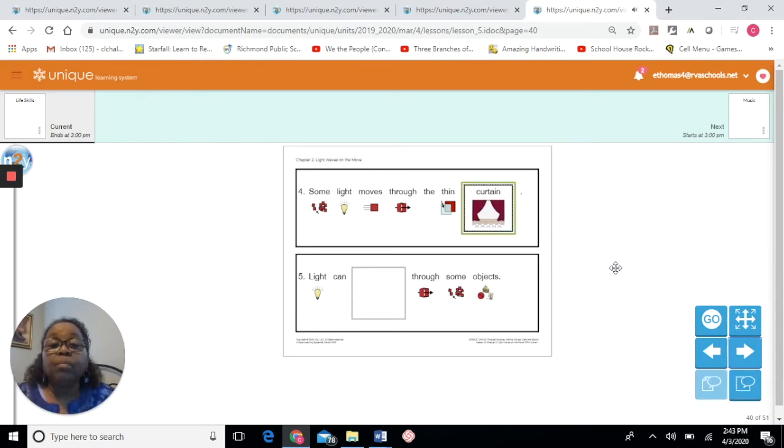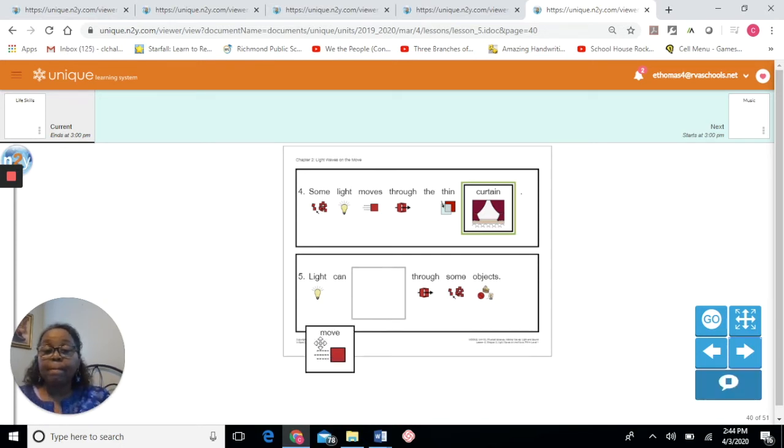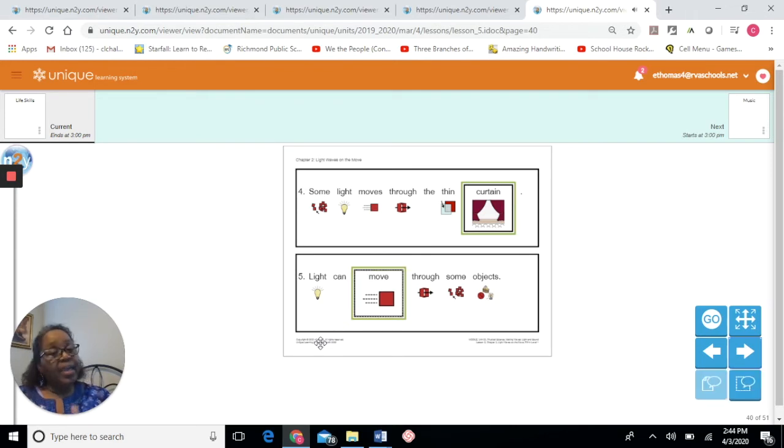Some light moves through the thin curtain. And number 5, light can blank through some objects. Light can block, move, light waves, stage lights. Light can blank through some objects. Let's try move. Excellent.